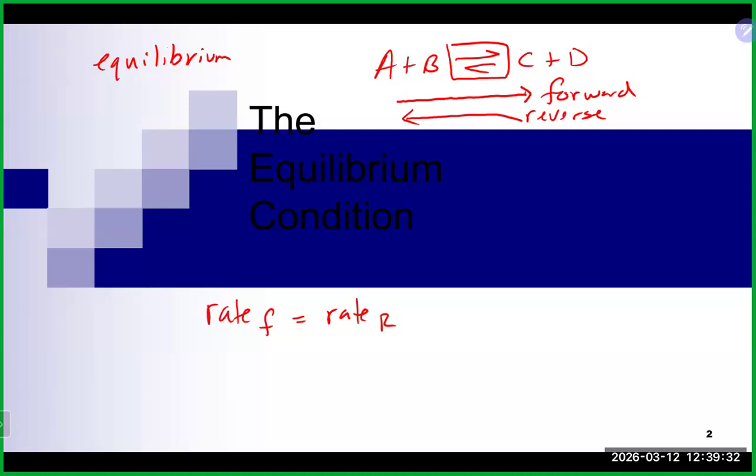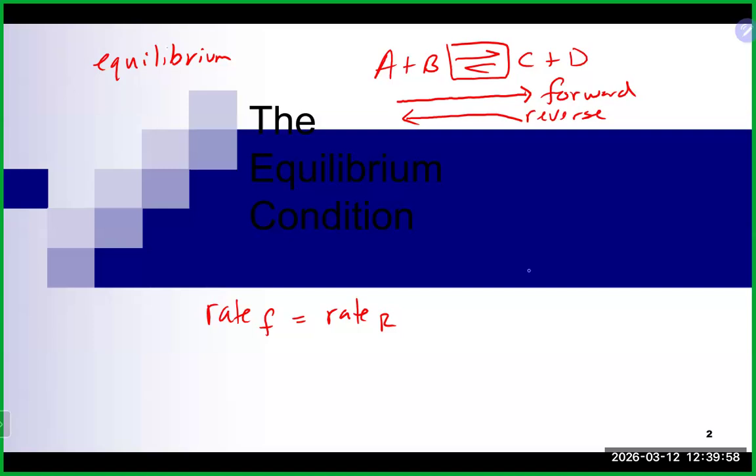So whatever their concentrations are when it reaches equilibrium, they will be able to maintain those concentrations indefinitely. They'll just keep going back and forth, and everybody gets locked into place in terms of their concentrations. They get locked into place in terms of their pressures, if you're looking at pressures, which we do as well.